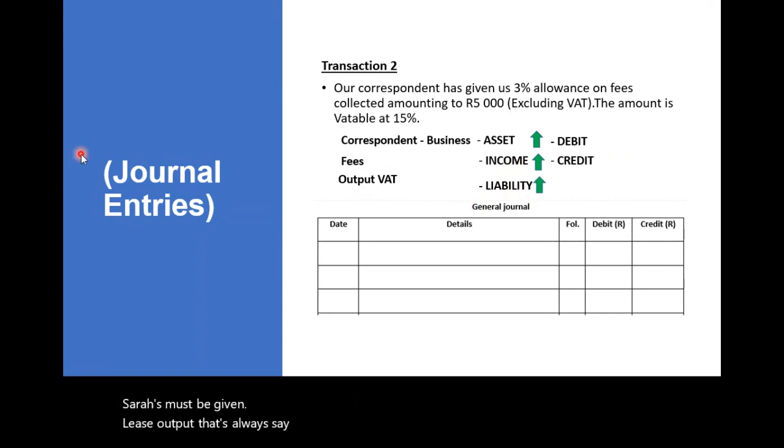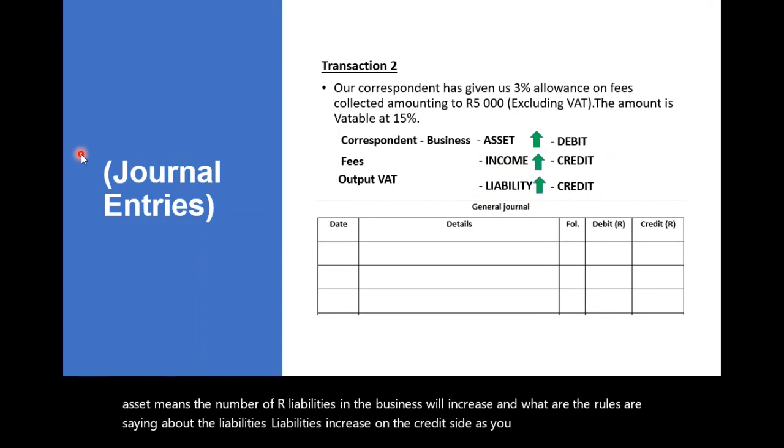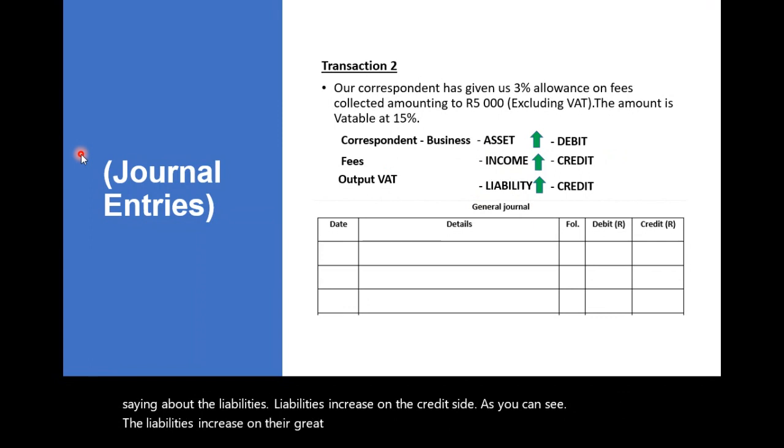And again, the liabilities are increasing because we owe SARS. It means the number of our liabilities in the business will increase. And what are the rules saying about the liabilities? The liabilities increase on the credit side. As you can see, the liabilities increase on the credit side. Okay, so again, after doing this, I'm ready to go and record this.